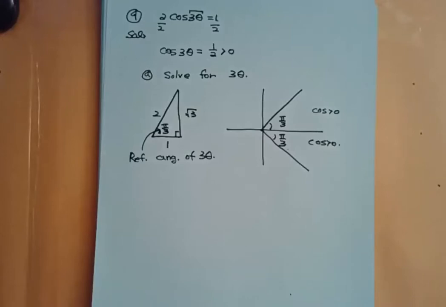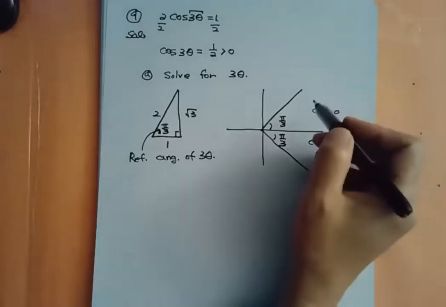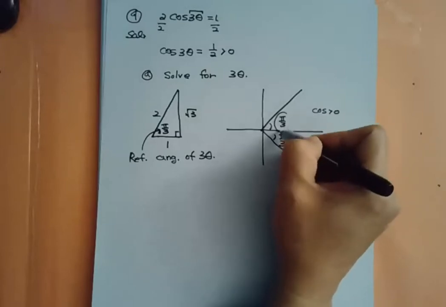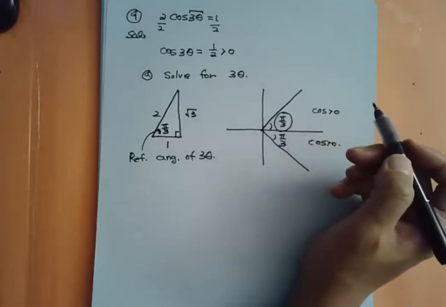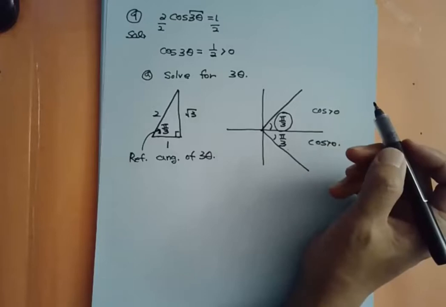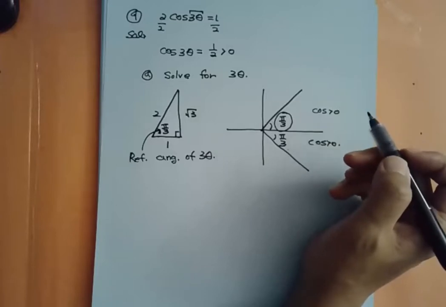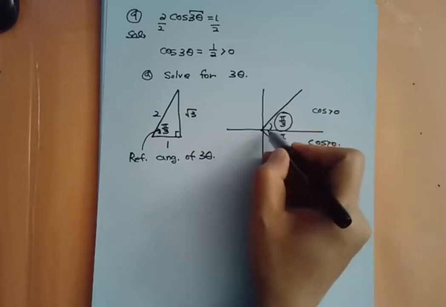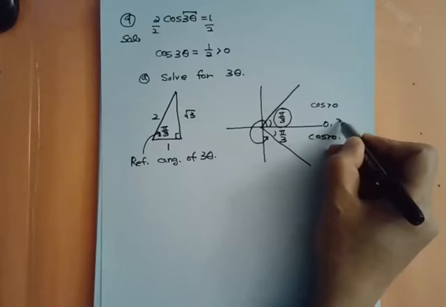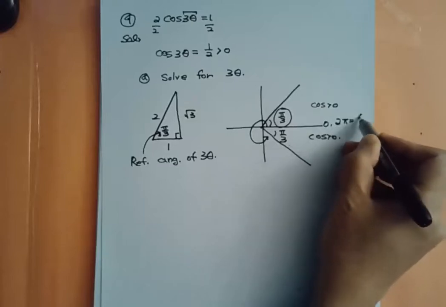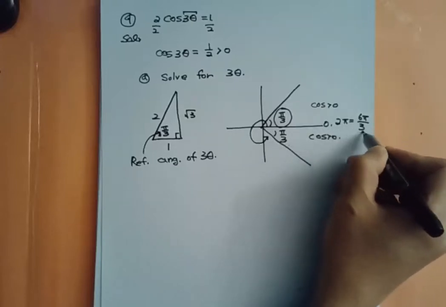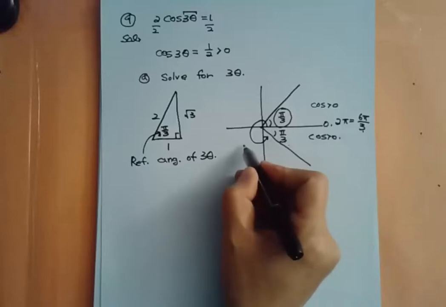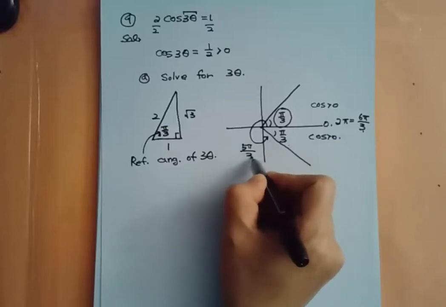So when that is in the first quadrant, that goes as it should be. So that is pi over 3. And for this angle, this is 2 pi, which is 6 pi over 3. So this angle is 5 pi over 3.